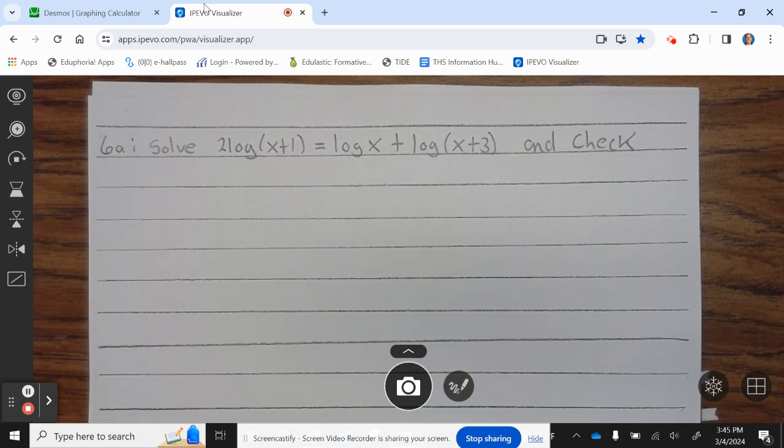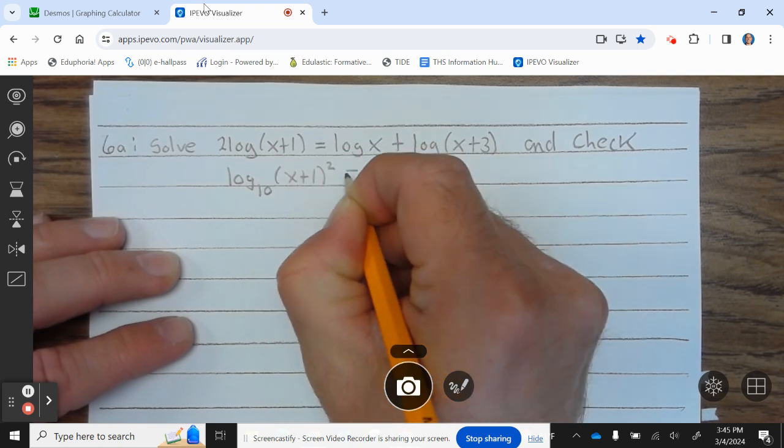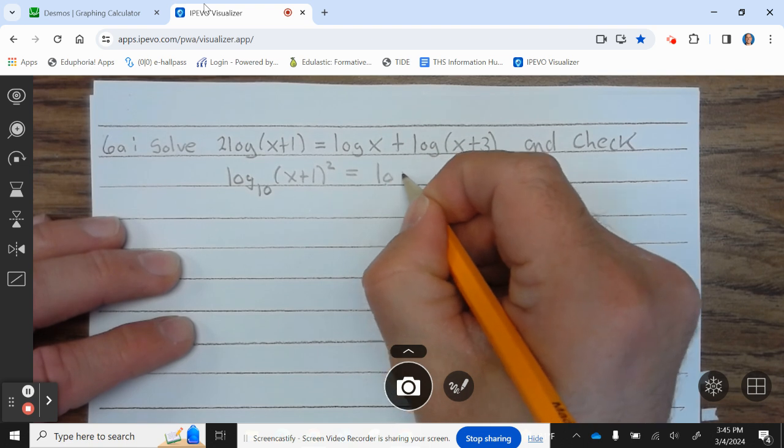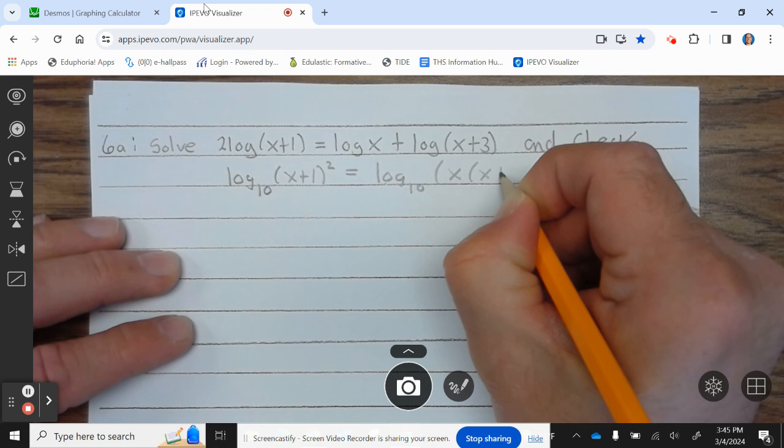6a, solve 2 log of x plus 1 equals log of x plus log of x plus 3. So first off, I can rewrite this as log base 10 of x plus 1 squared equals log base 10 of x times x plus 3.